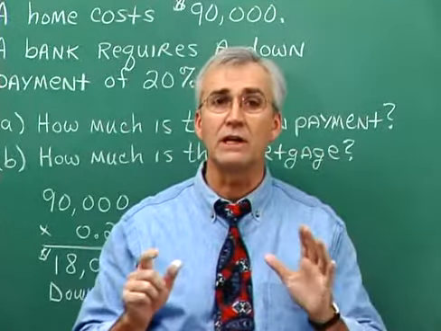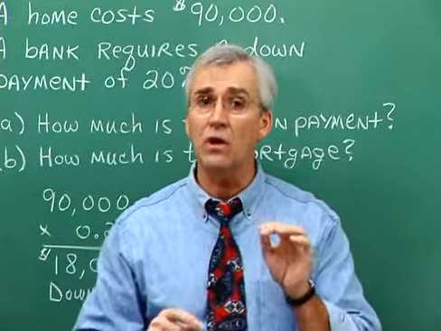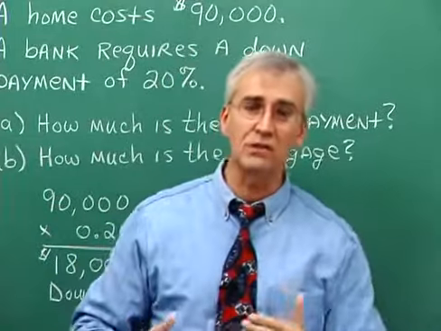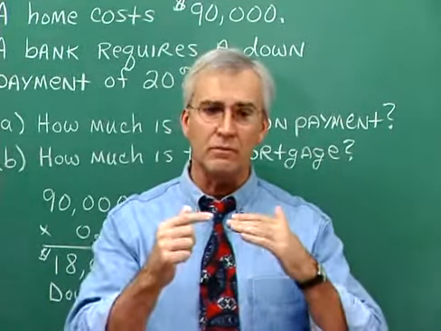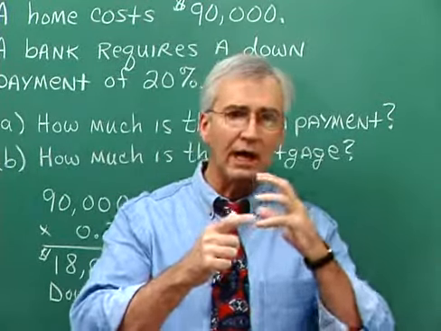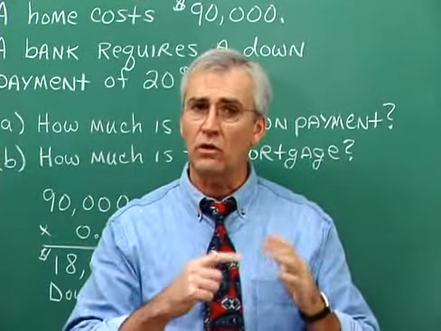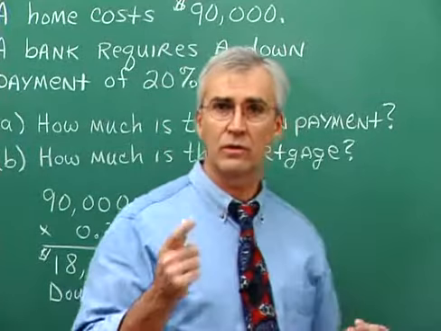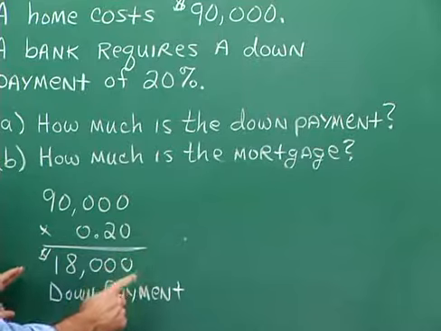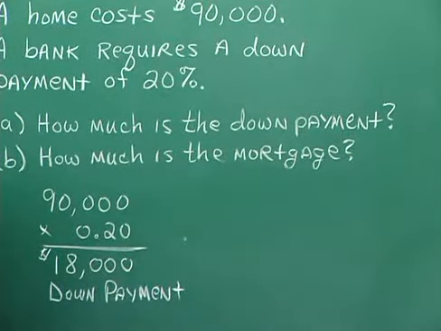It doesn't matter, as long as it's well organized and as long as you don't do most of the calculating off to the side and then come back in and just put answers down. You want to be able to look later at the numbers that are being multiplied, added, subtracted, whatever, in order to arrive at a certain conclusion. So here it's important to write the $90,000, it's important to write this 20%, and we identify the $18,000 as a down payment.